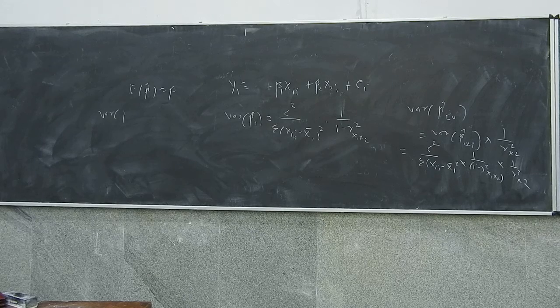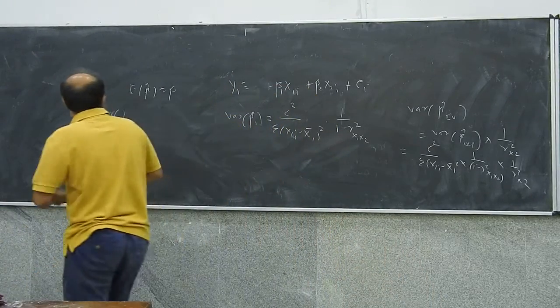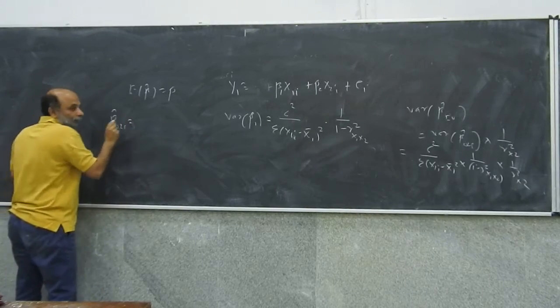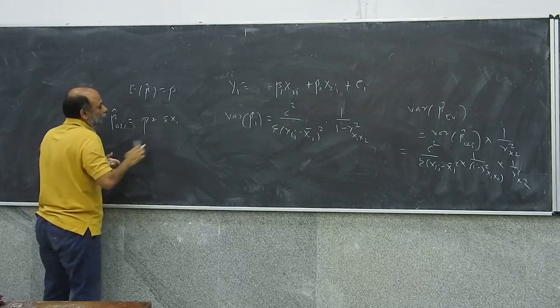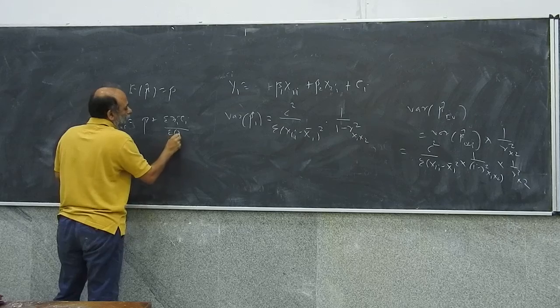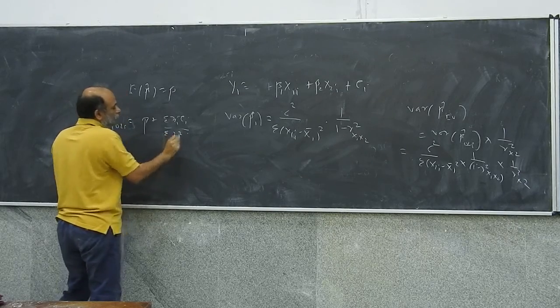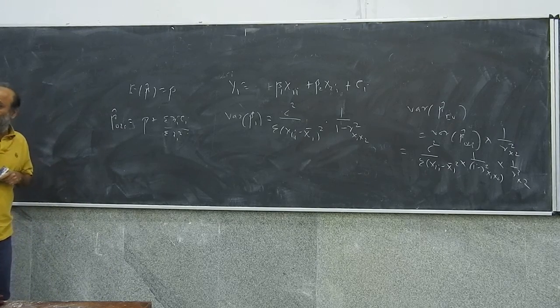If you have omitted variable bias, then that formula becomes a different formula. Right? What would that formula become? That formula would be, this is, no? Yeah?